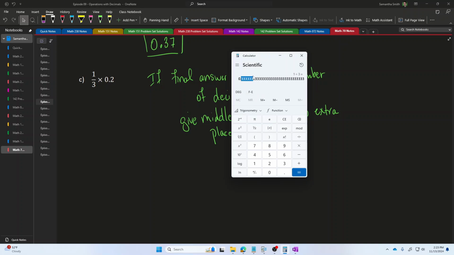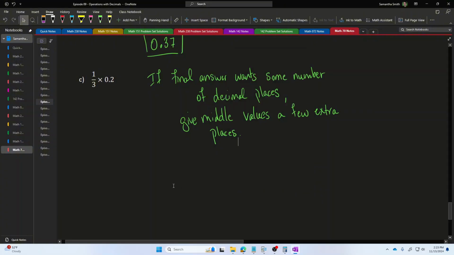Then I would look at the digit directly to the right of the 6th decimal place. That's a small value, so I'm just going to delete everything to the right, and I'll express this as 0.333333 times 0.2.